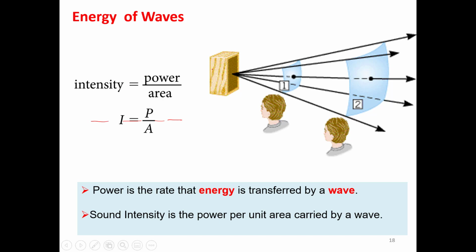And this is why, if here we had some source of sound or light, what happens if we move far from the source of sound? Then the area covered is larger, and this is why the intensity of the sound decreases if we move far from the source of the sound.